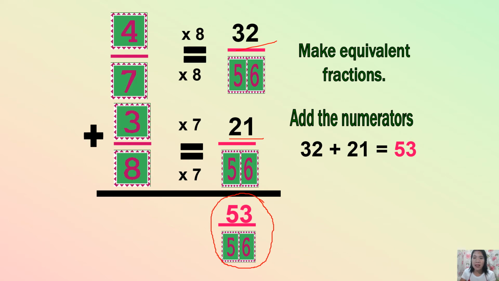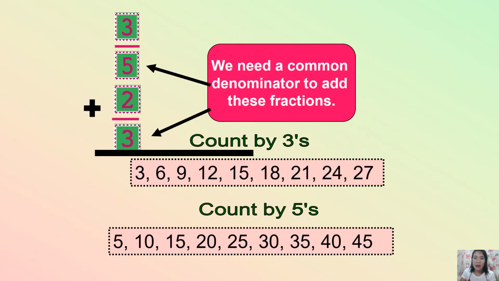Did you get it? Okay. So we have another example, with the same procedure, the same process. We have to simply get the LCD of 5 and 3. Considering 5 and 3, the least common denominator is, what do you think?